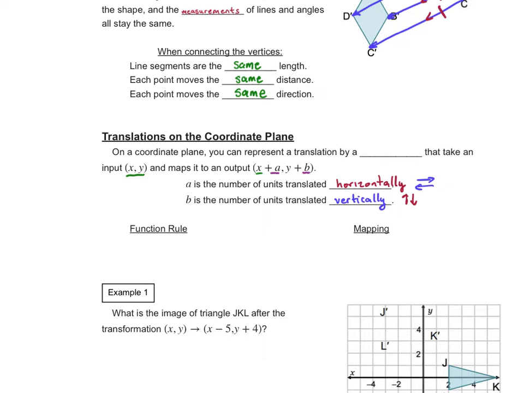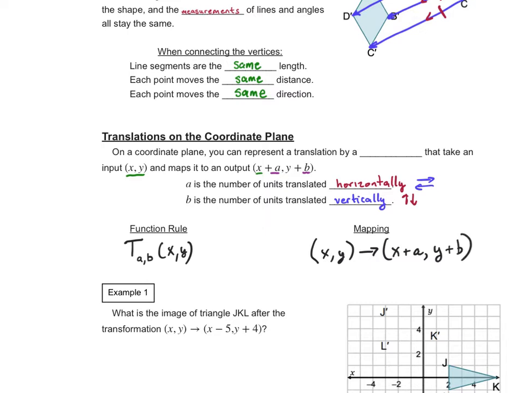So the function rule may look something like this, where we have a translation, and the coordinates would be A, B, how much it is translated, and my X and Y. The mapping may look something like this: my (x, y) is going to map to (x plus A, y plus B).